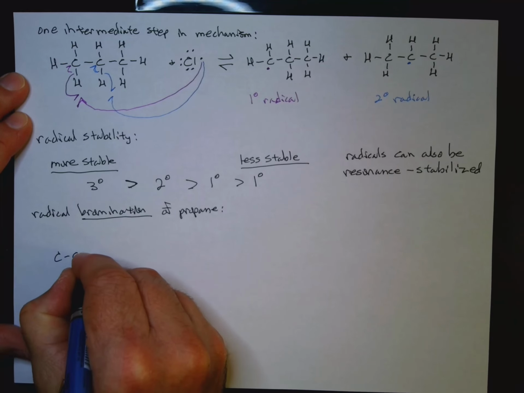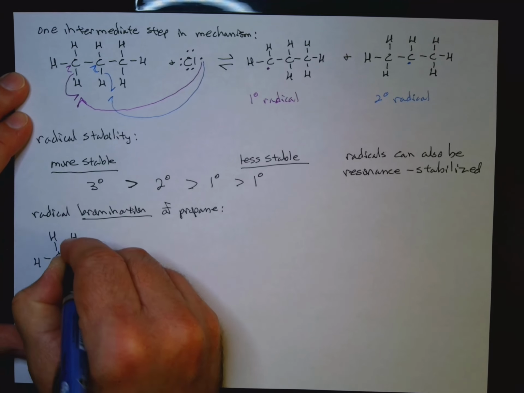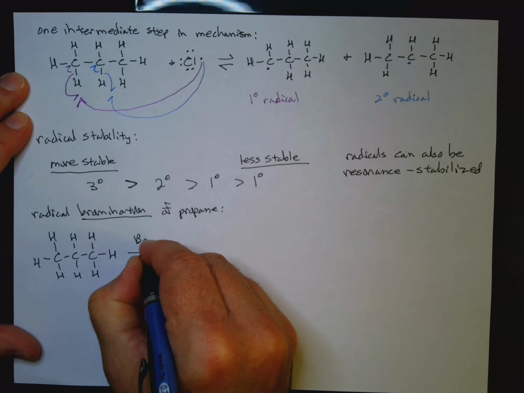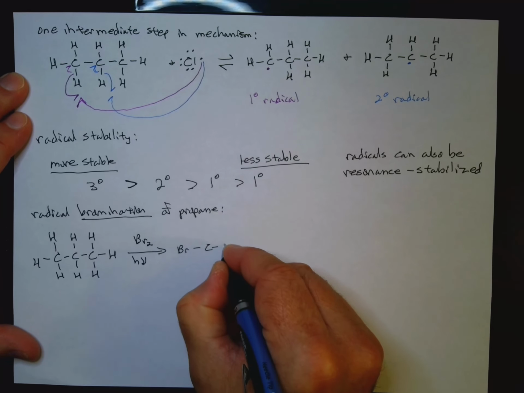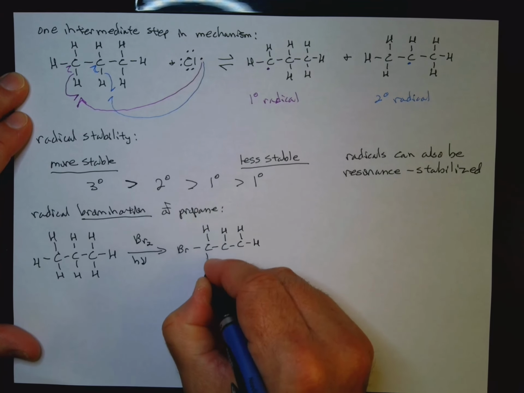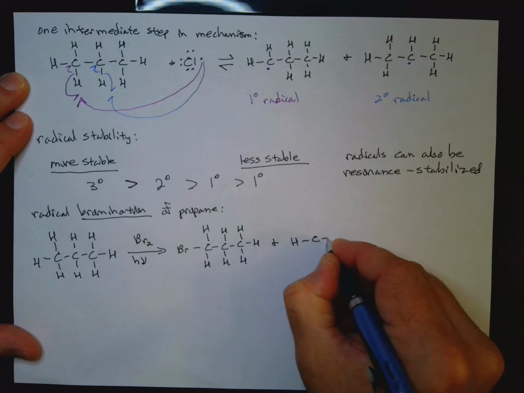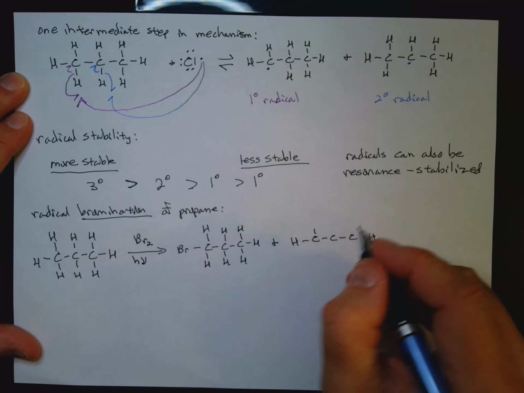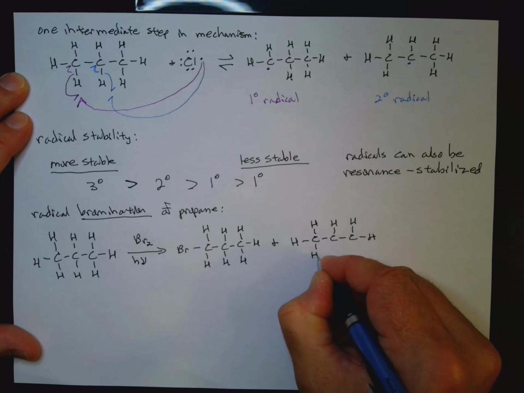We'll have our propane, and we'll go ahead and use Br2 and irradiate with the correct frequency of light, and we will get some 1-bromopropane plus some 2-bromopropane, just like we got 1-chloropropane and 2-chloropropane. Sorry, spacing out there for a minute.